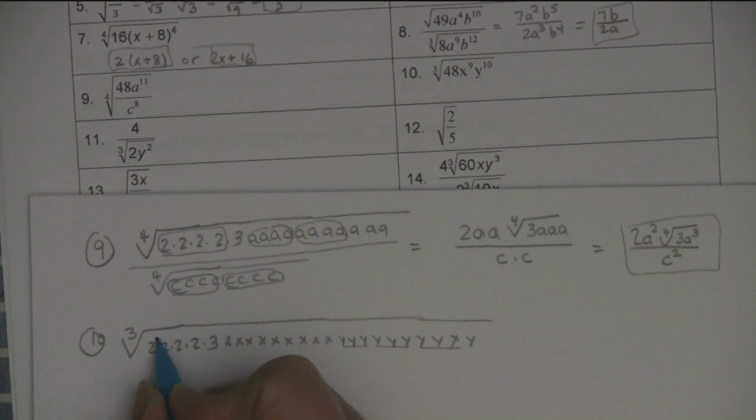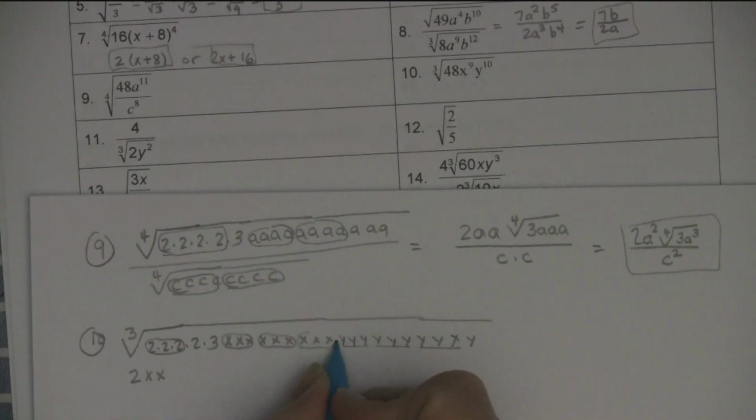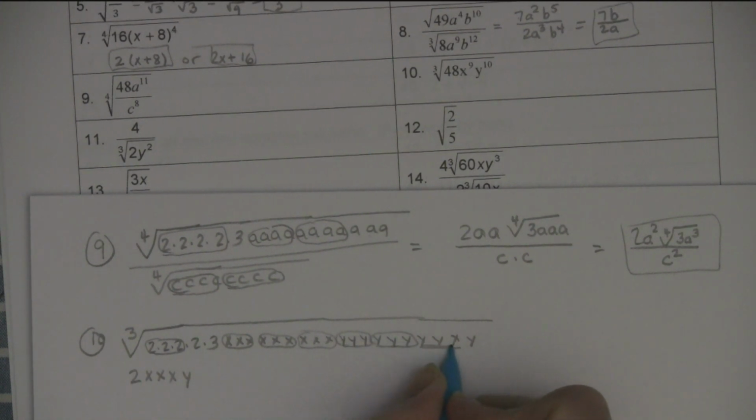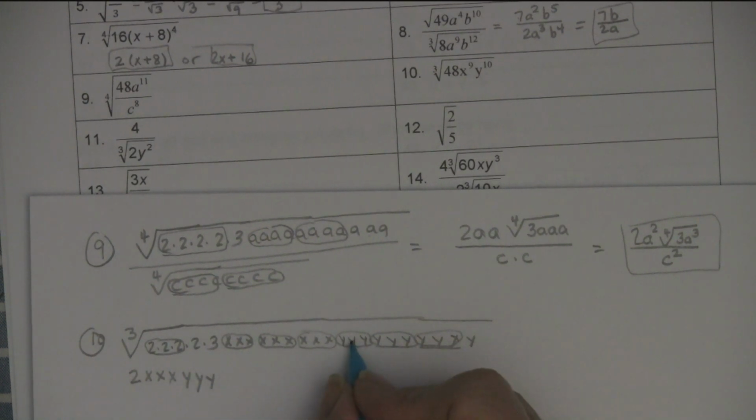Okay, so circling them in groups of 3. A 2 is going to come out, not going to come out, not going to come out. An x is going to come out, another x is going to come out, and another x is going to come out, leaving no x's underneath. On y's, a y is going to come out, another y, and another y, so 2 y's more than I had, so 3 altogether, 1, 2, 3 of them, and a y stuck underneath.